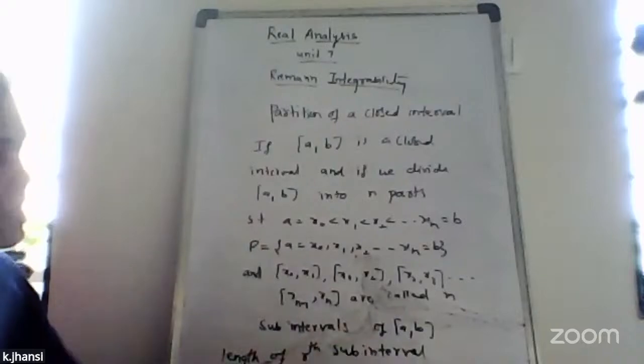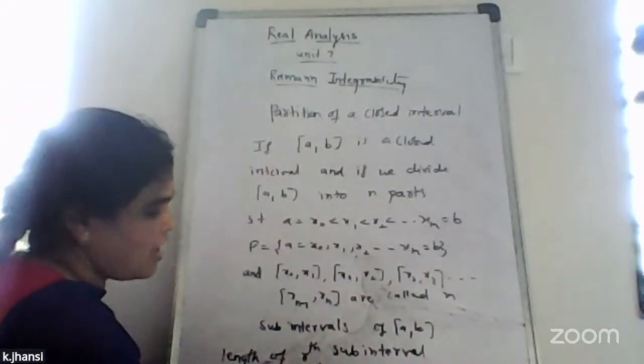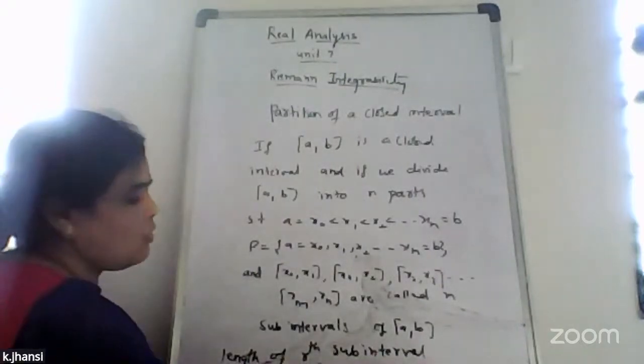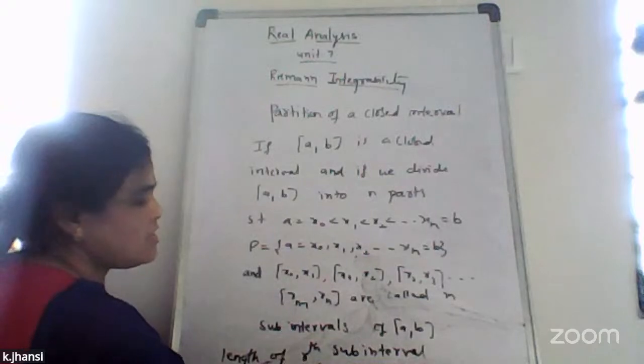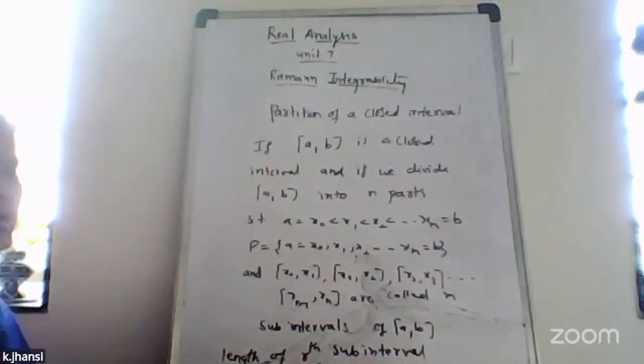The length of the rth subinterval x r minus 1 comma xr is denoted by this main symbol, small delta with base r. Wherever this representation is there, it is called the length of the subinterval.